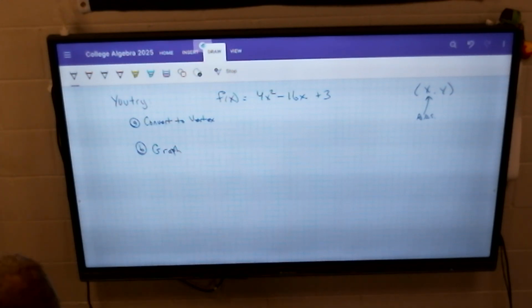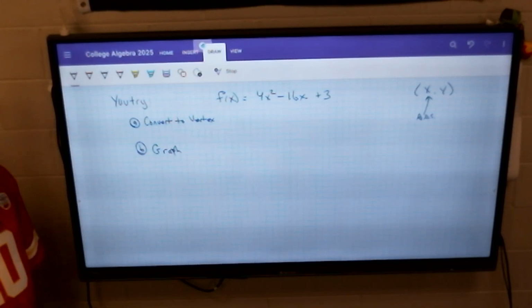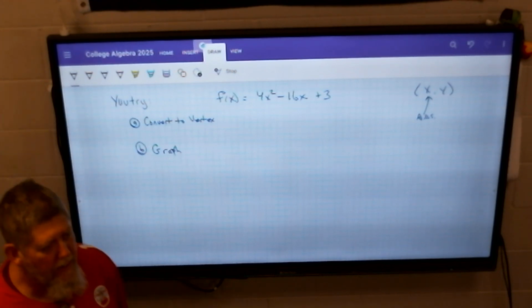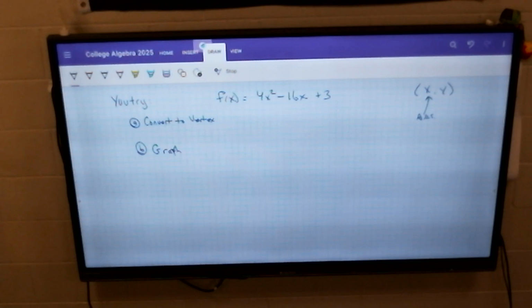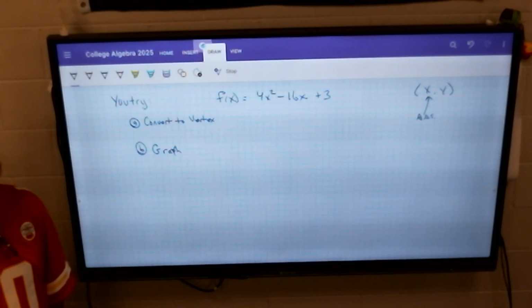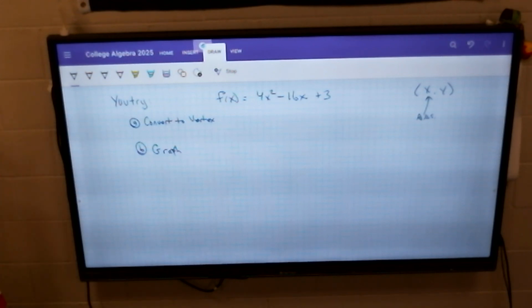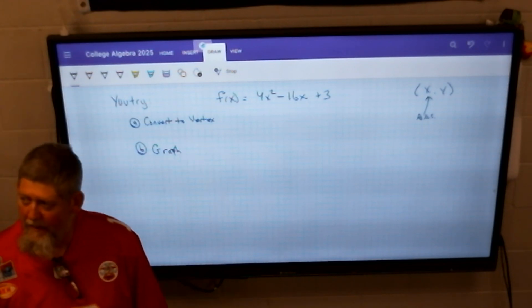That doesn't look right to me. Yeah, it didn't look right to me. We'll find out in a minute. Okay, you guys ready to look at this one? We'll give you another 30 seconds.